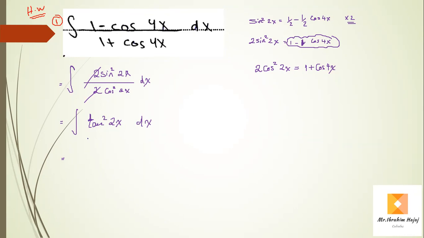Mister, what is the integral of it? No, but we can use a trigonometric identity. We know that tan squared theta plus 1 equals sec squared of the angle. So we can replace tan squared by sec squared theta minus 1.